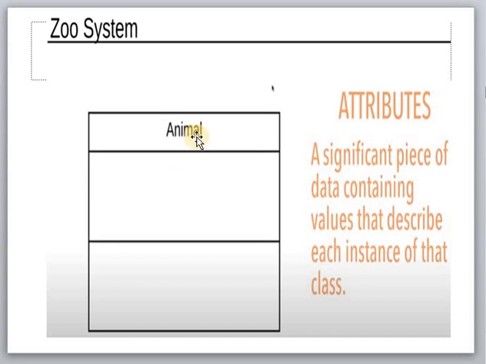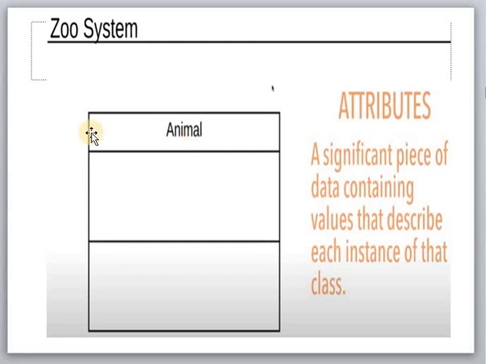Every class has a number of instances. Like the animal class contains a lot of instances like the lion, the tiger, the monkey, the dog, the cat. They are different instances of this class, which is called Animal. In order to differentiate the different instances of a class, we need to define the set of attributes, which contain the particular values to describe each instance of this class.